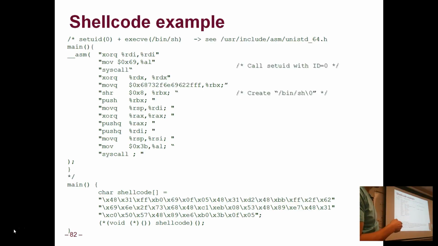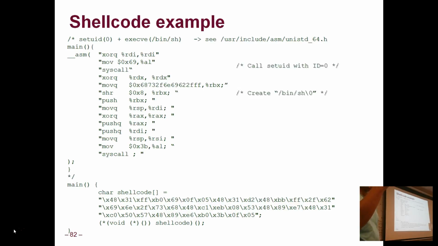The first thing is you want to create this /bin/sh string on the stack, because the only thing that you have is you're injecting into the stack. You can use push quads to push a string onto the stack. But here's the thing about pushing a string onto the stack: all strings end with null.